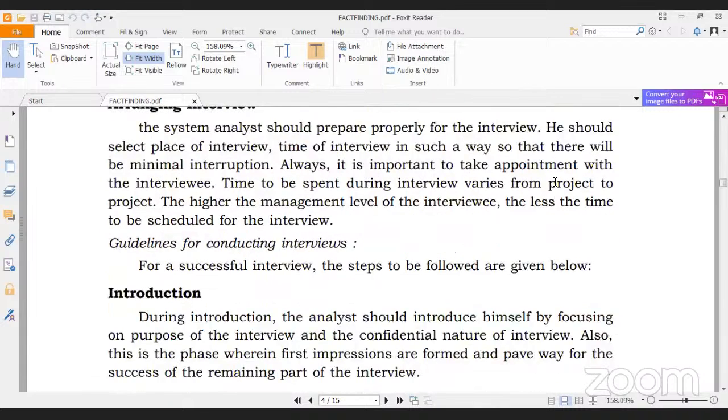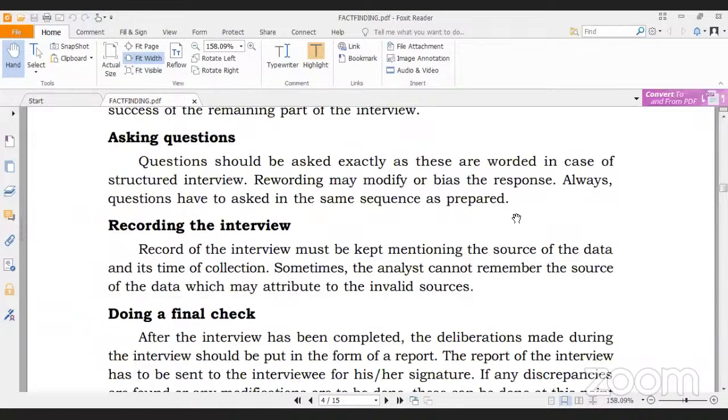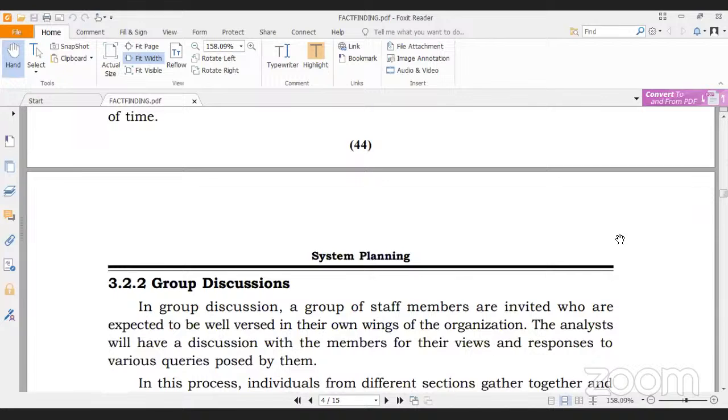Then arranging, it will be there. And for successful interviews, you can ask questions, record the interview, because to avoid any type of corruption, to maintain transparency, you can record the interview and you can check the final one.